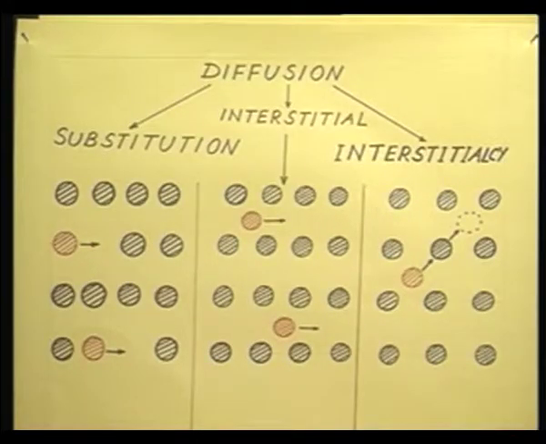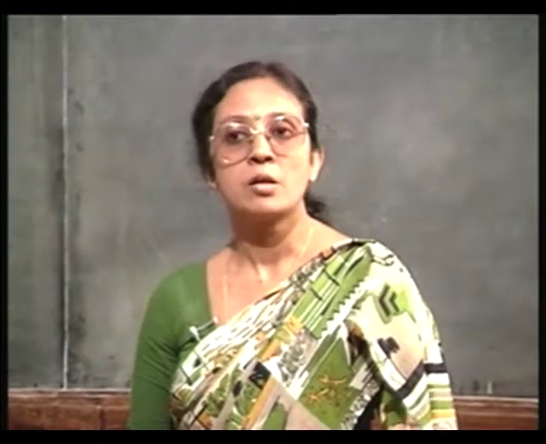Simply because the movement of the dopant atom will be governed by its movement through the interstitial spaces. As I told you, if the dopant atom has to be a substitutional type, then its movement is greatly hampered. It depends on the availability of a vacancy. On the other hand, if it is moving through the interstitial space, it can move very fast.